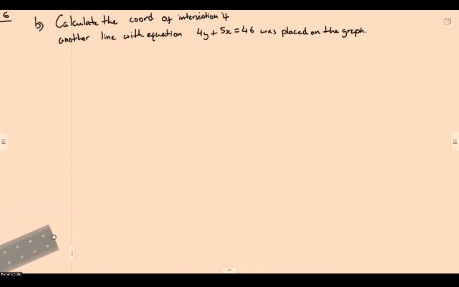So calculate the coordinate of intersection of another line with equation was placed on the graph. If we were to draw that line on it, where would the two lines cross over?